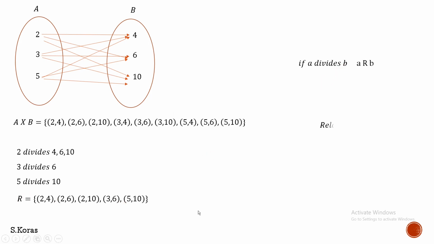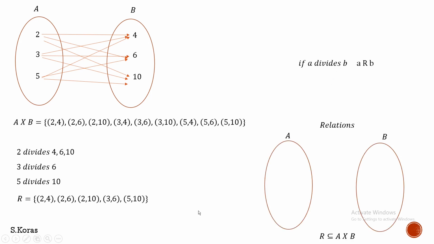So if we mark the relation, the A set is the same, 2, 3, 5, and our B set is 4, 6, 10. Now the linking elements are 2 with 4, 2 with 6, 2 with 10. Then 3 with 6, and 3 is not connecting with any other element. Then 5 with 10. So this is what a relation is. So relation is nothing but a subset of cross product which obeys some rule, right?